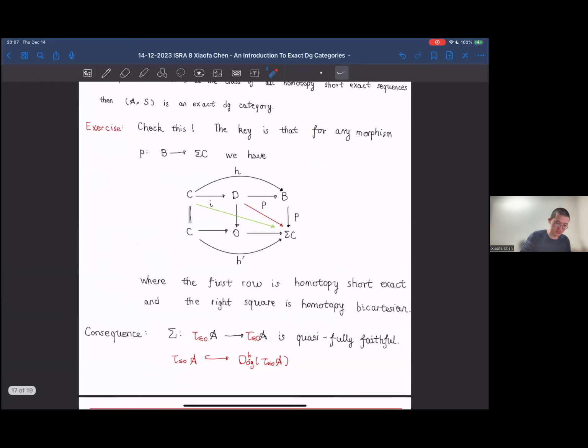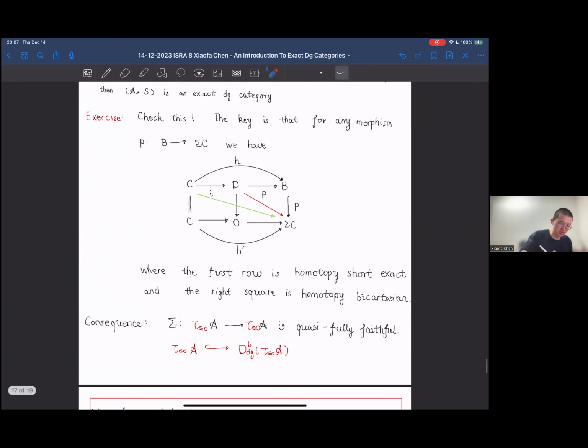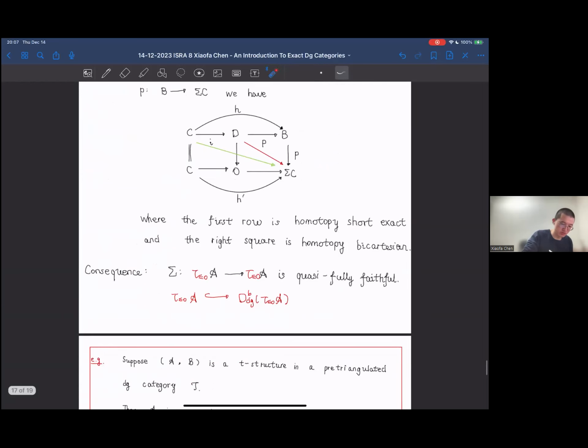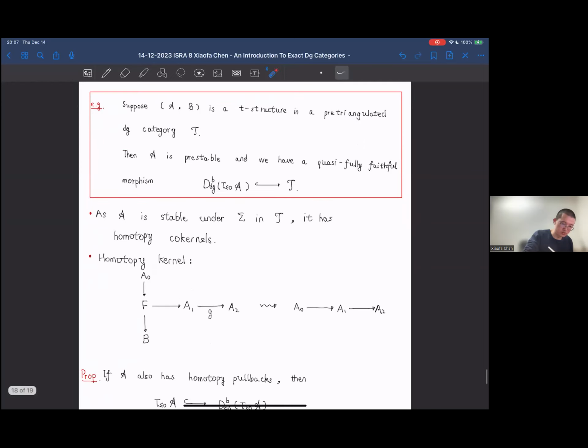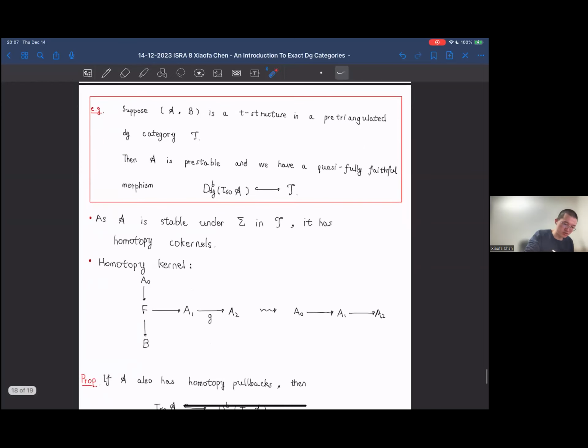Okay. So as examples, T structures will give rise to pre-stable DG categories. So in a pre-triangulated DG category T with a T structure (A, B), A is left stable.